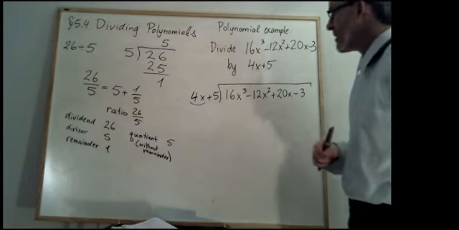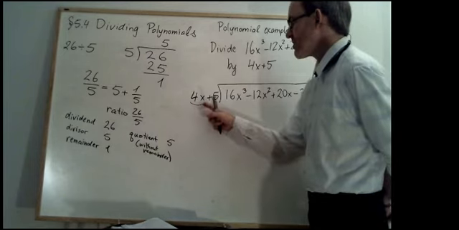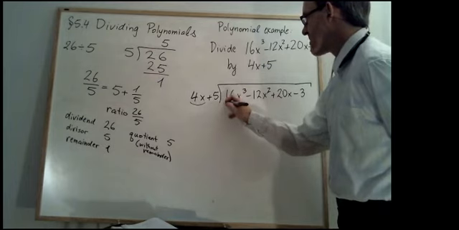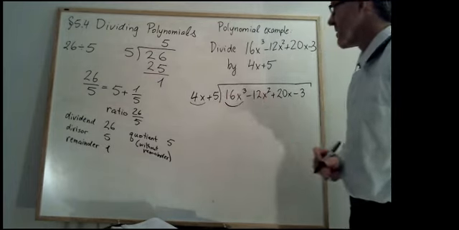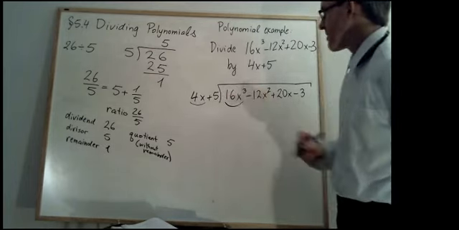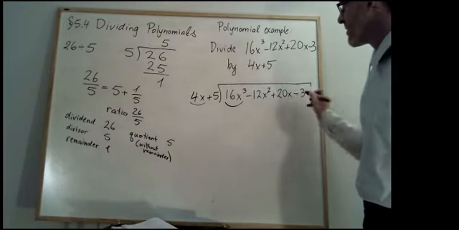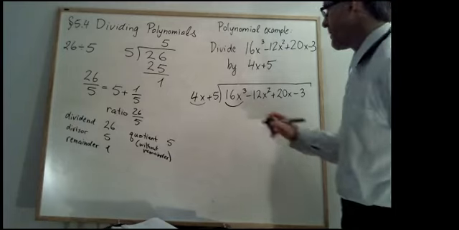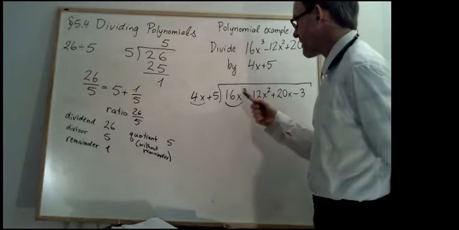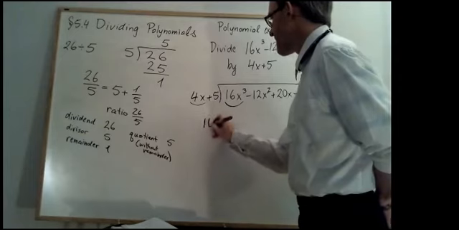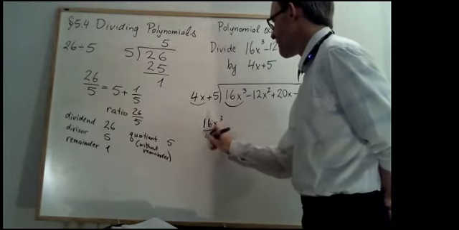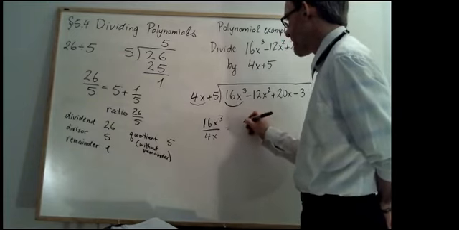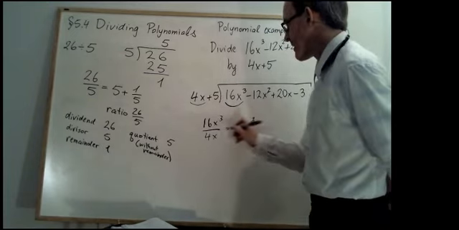Now I'll do this one term at a time. I'll look at the first term of the polynomial here, and I'll see how many times it divides into the first term of the bigger polynomial. How many times does it go in? Well, you just take this one and divide by this one. So 16x cubed over 4x, these factors will cancel except for an x squared on top, and this will cancel, giving 4.